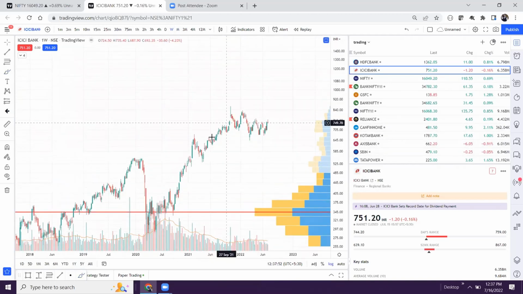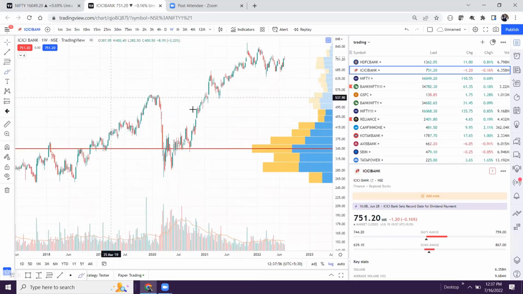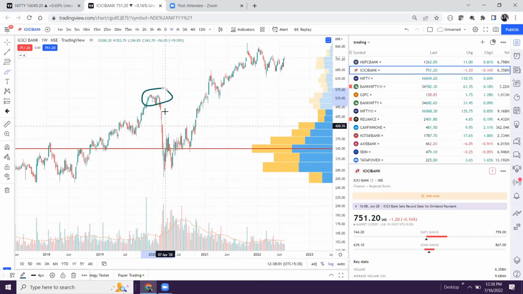So now suppose, let us start from here. Before this point is taken out, this is not actually a higher high as per the weekly chart until and unless it breaks this.